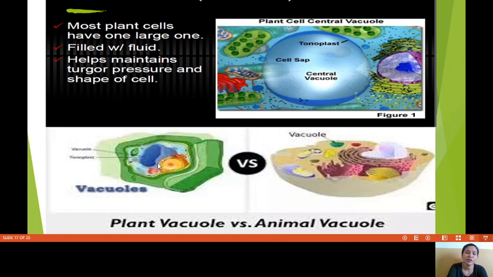These vacuoles are storage, but it is bigger in plants, because plants store nutrients in the vacuole that they use to make their own food. What you need to know is that they are the storage, they are filled with fluid, and they also maintain the shape of the cell.